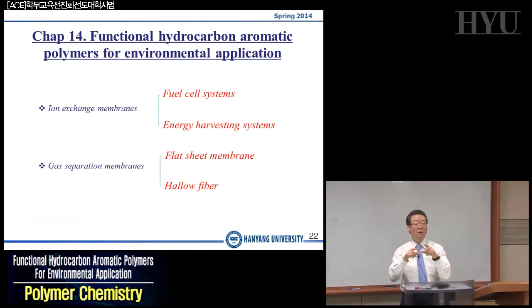So you have an anion at the end of a chain, whereas the proton is the counter ion. Now because the ion that is exchanged is the cation, we call this type of ion exchange membrane a cation exchange membrane.